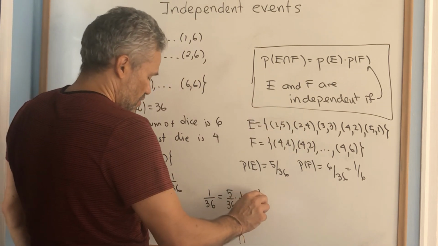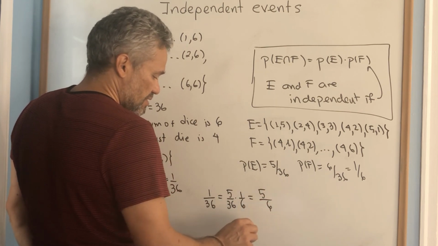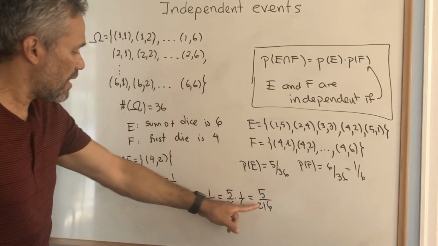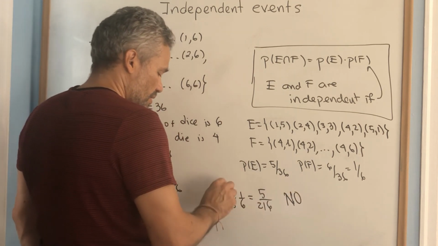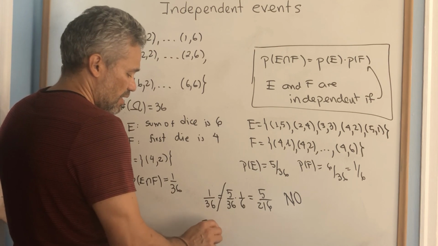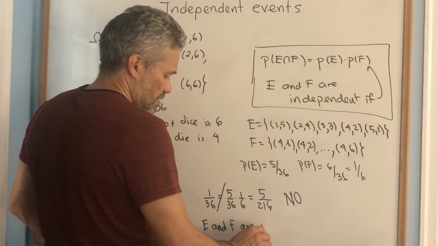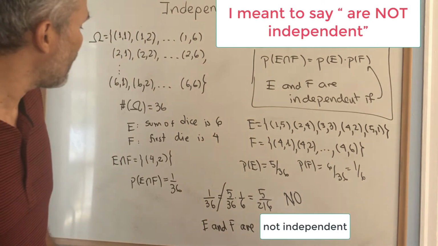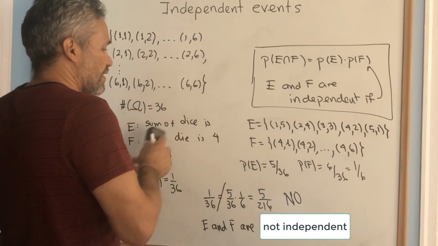This is equal to 5 over 216. Then are these two numbers the same? The answer is no, they are different, and for that reason E and F are not independent.